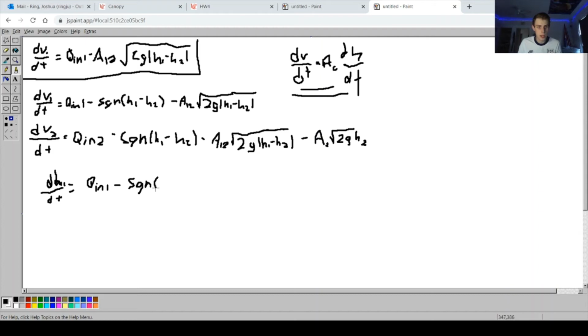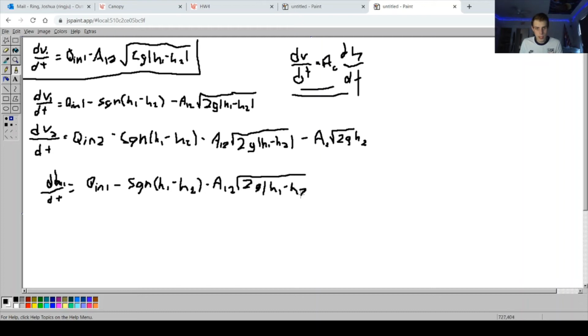Minus the sign, because negatives are important. And this is really only used if the flow rate is negative. Otherwise, it really won't have that big of an effect. This is also being subtracted from A12, A12, and then in our square root we have 2, G, our difference in height, H1 minus H2.